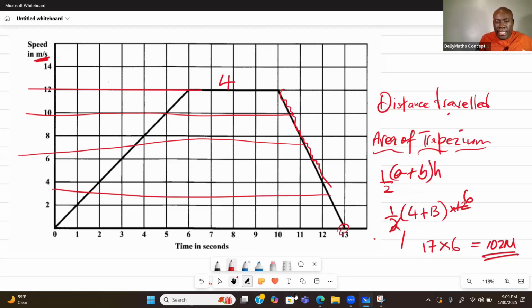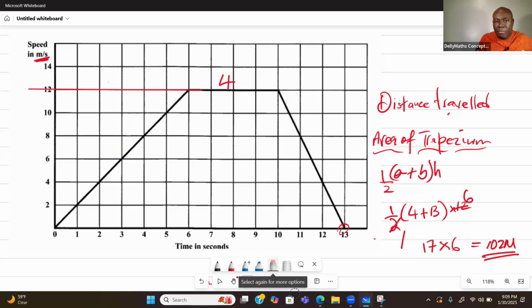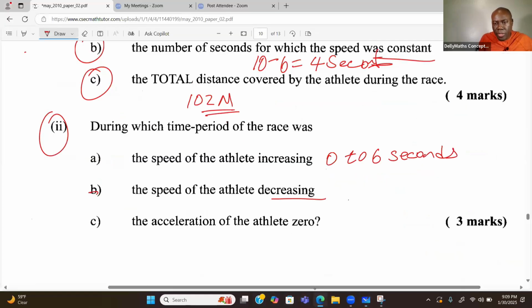The time frame we're dealing with is from here coming to here, and you could see it's from 10 to 13. Right here was when the speed was actually reducing. So it was between 10 to 13 seconds of the journey that the speed decreased.